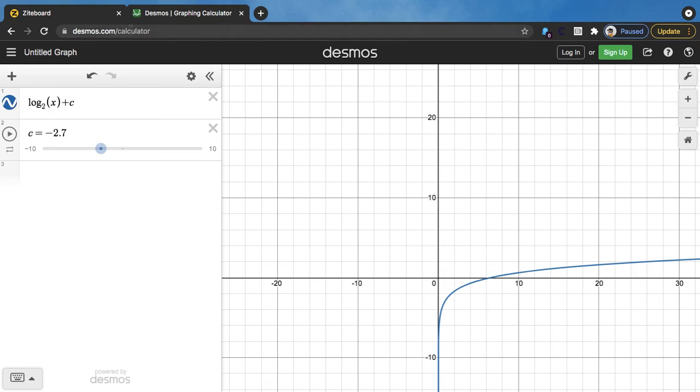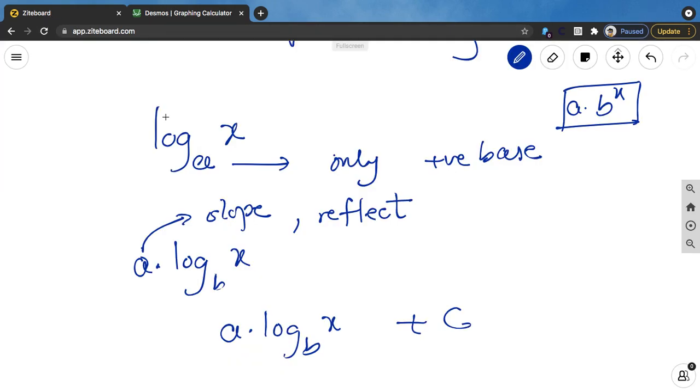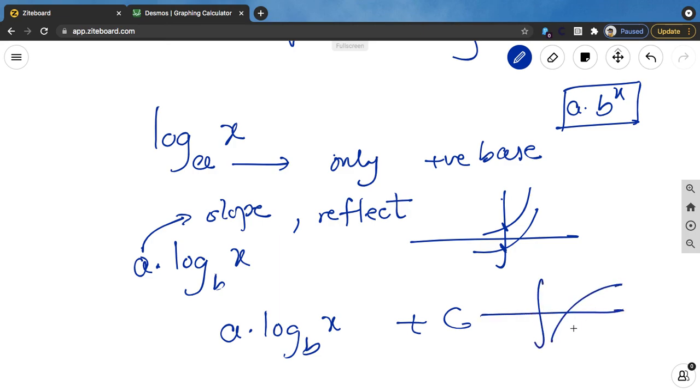Same thing you did when you were looking at an exponent, if you remember. The vertical translation is what we were showing by showing the y-intercept. Now we are going to show the translation by showing the x-intercept.